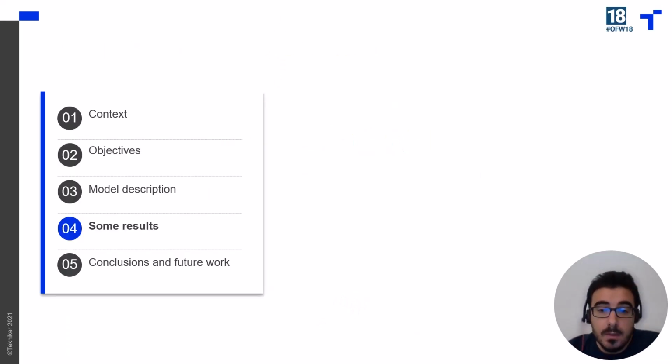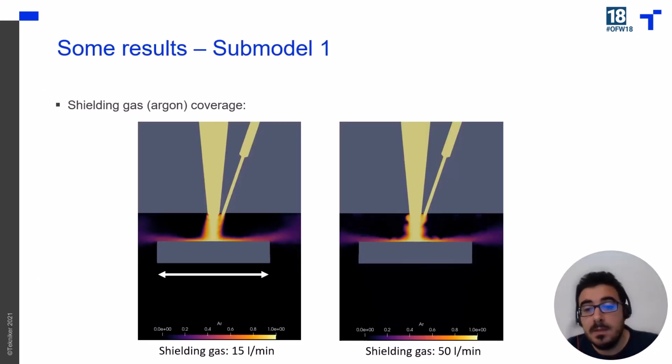Let's see now what kind of practical information can be extracted from all these models. One aspect that is really important in LMD is to have a good protection of your interaction zone, since really high temperatures can be reached, and this could lead to oxidation and therefore degradation of your mechanical performance.